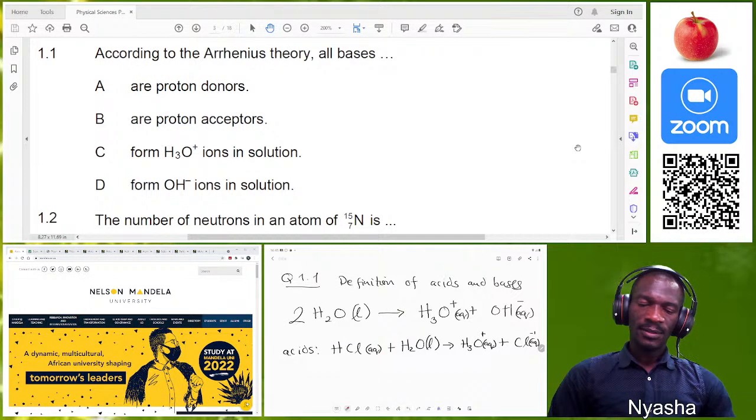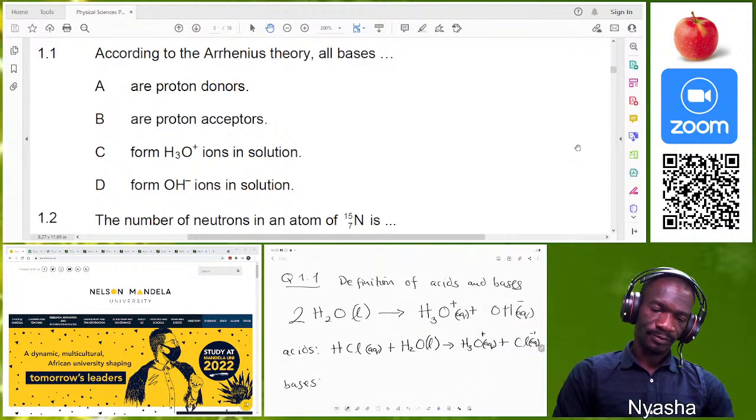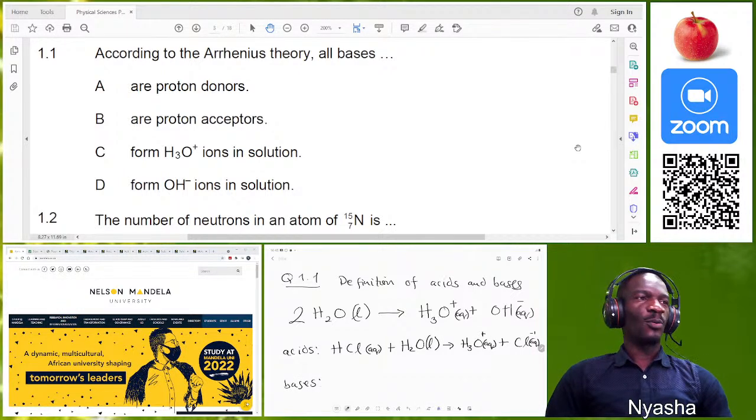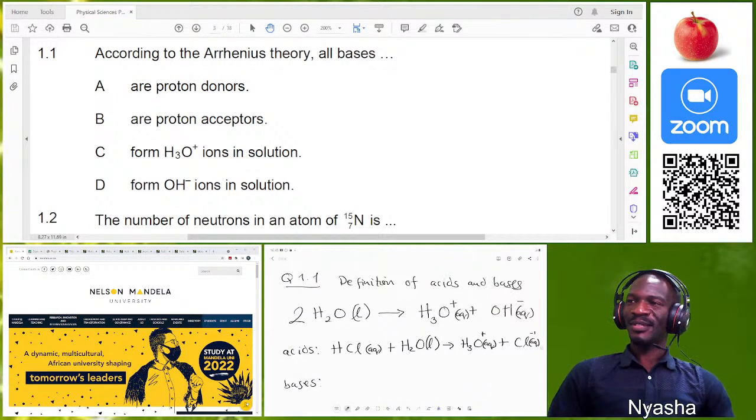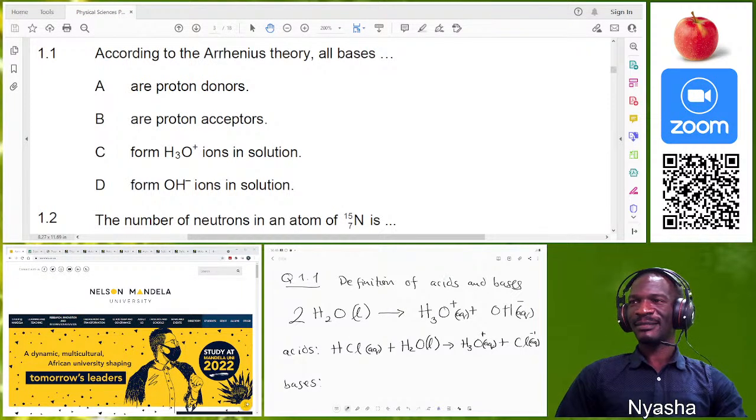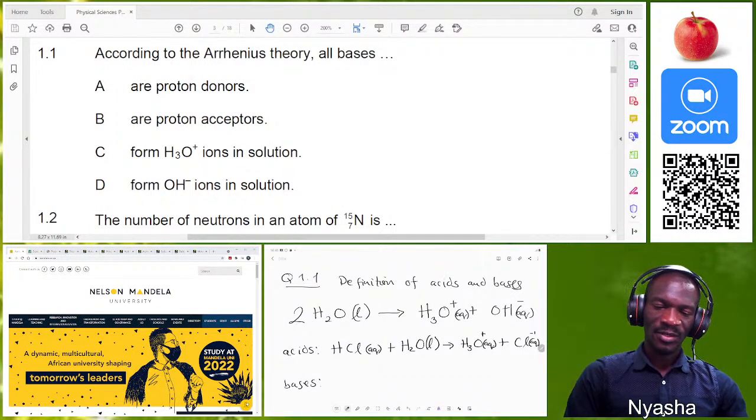An example on the base side. So let's look at a base. What is the most common base that you still remember? The most common base in your schooling. Let's take one of the most common bases, sodium hydroxide.